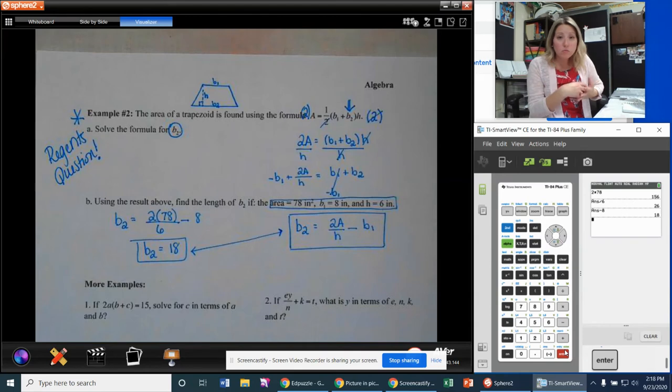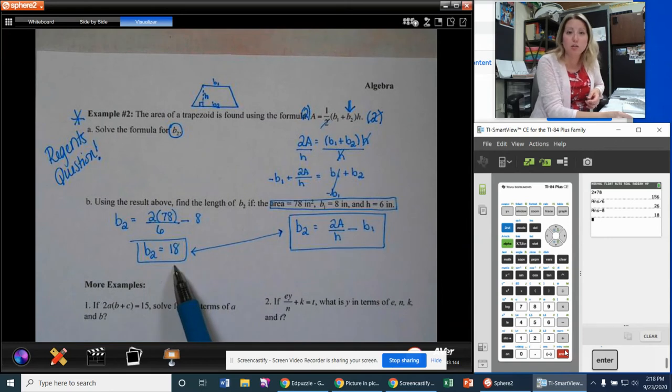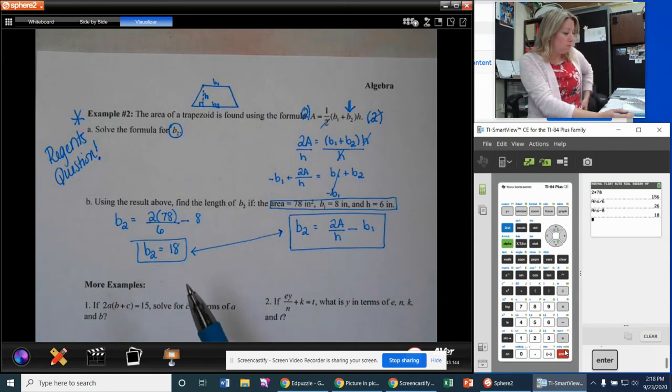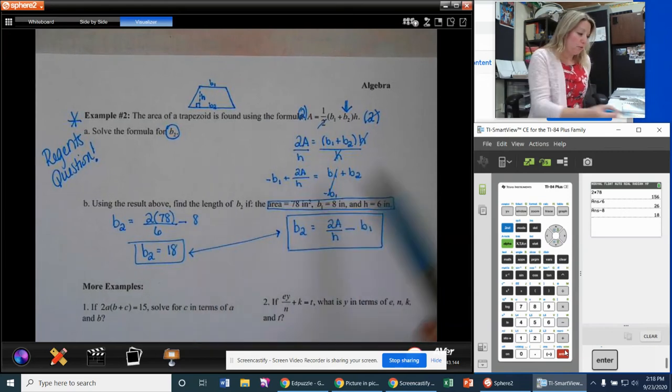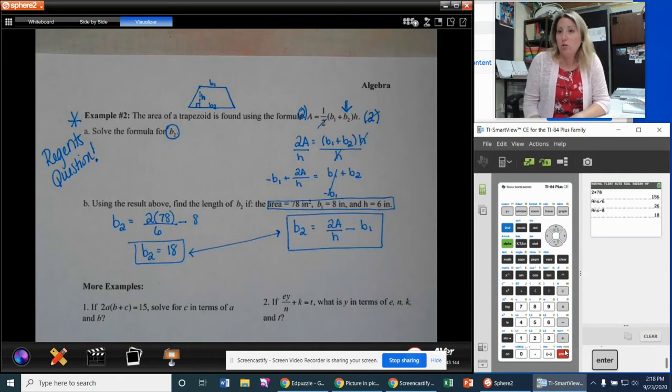Now, if you got there and you weren't really sure how to do this first part, you could still do this part, the plugging into the formula, just fine. But to get the full points, you needed to know how to do both. Okay? And so former Regents question, that's why we lace those into our notes and our homework so that you have a good idea of what questions kind of get asked and also how to tackle them when they do get asked. Okay.